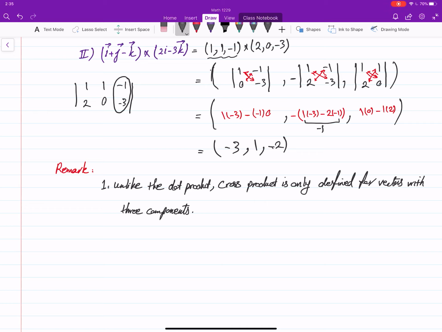That's the first thing. Only vectors from R3 we can cross product.